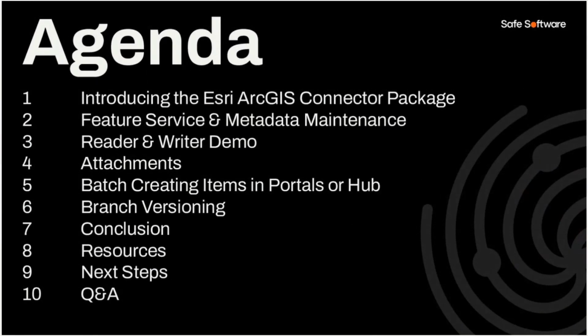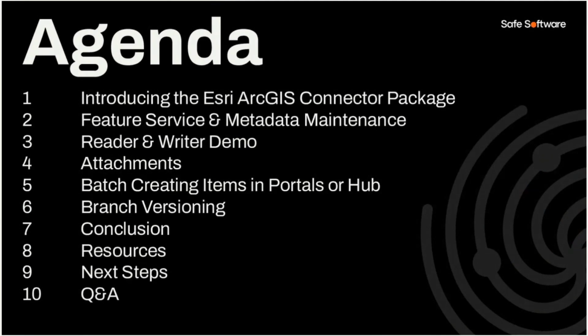So as you can see, we have a lot of segments, a lot of great content to cover today. We're going to be kicking things off with an introduction to today's topic, followed by feature service and metadata maintenance. From there, we're going to be going into a reader and writer demo. As part of that, Bruce will be taking us through attachments, as well as batch creating items in portals or hub.